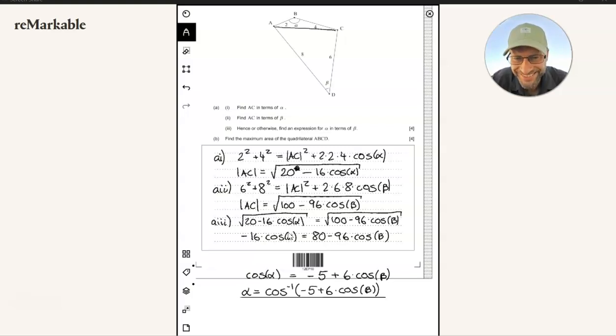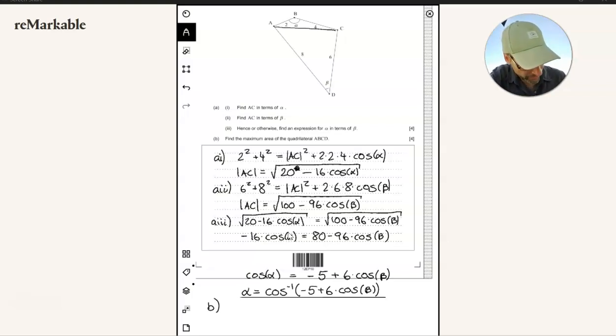And that means that now we need to calculate the area of the quadrilateral. And it's kind of tempting to say, well, I'm doing it as the sum of the two triangle areas.